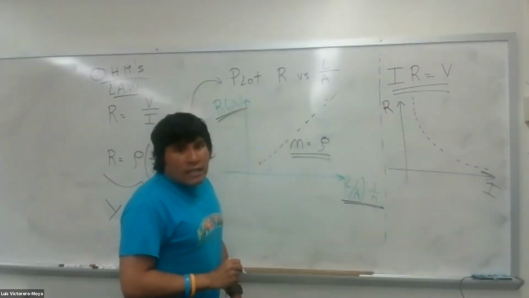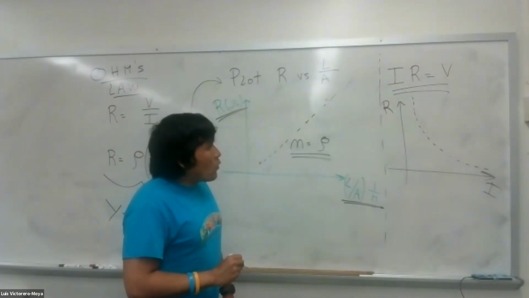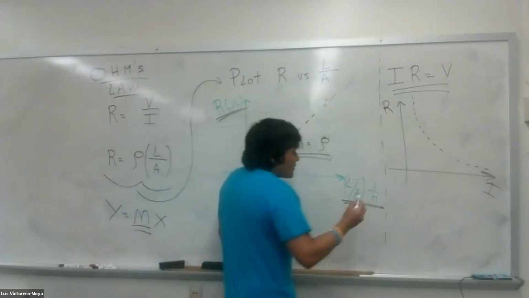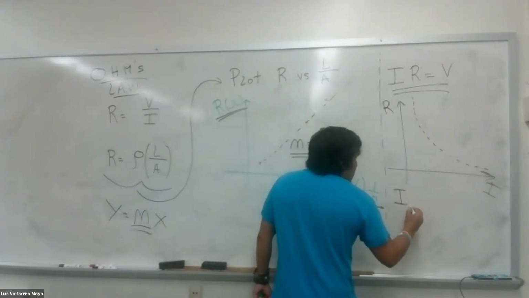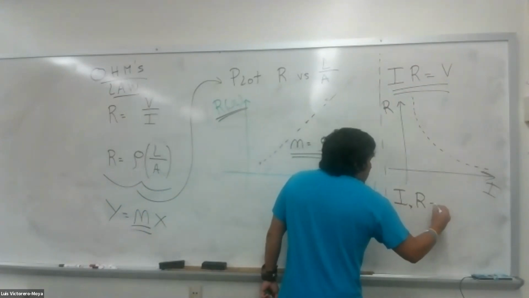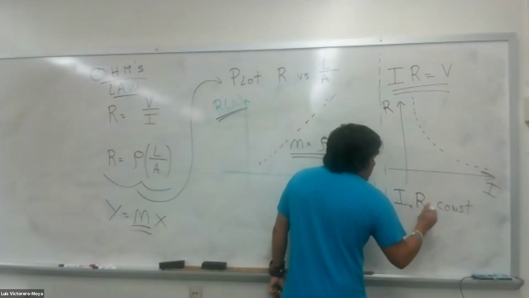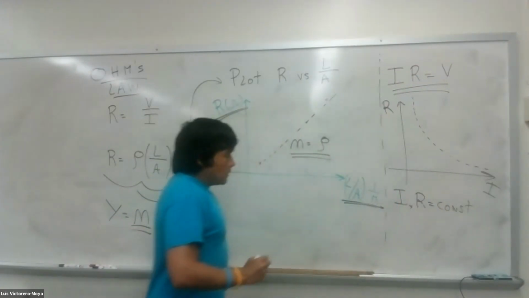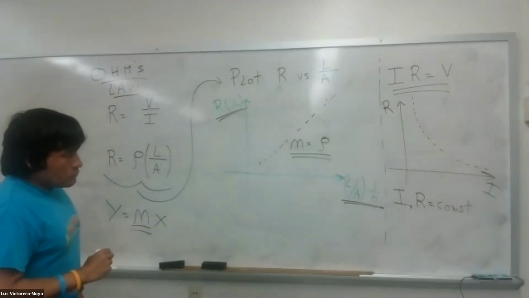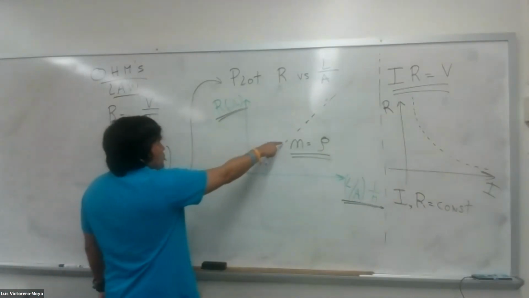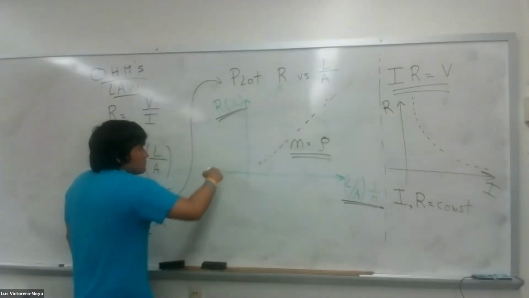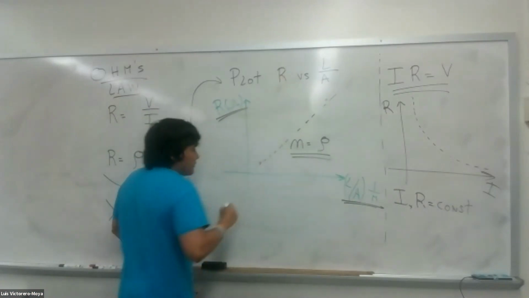That's because I and R are inversely proportional. What does that mean? That I times R is constant if the voltage is the same. That's what that curve means. This means that they are directly proportional. The bigger the R, the bigger that is.